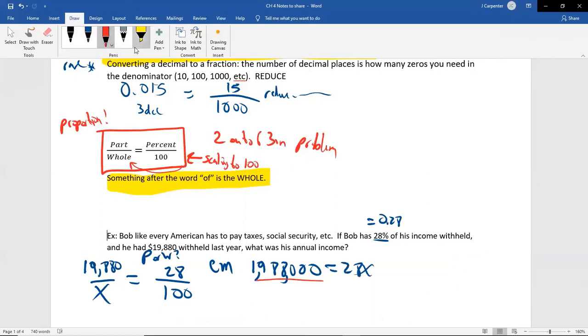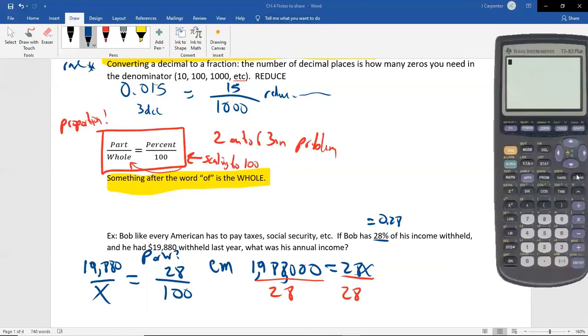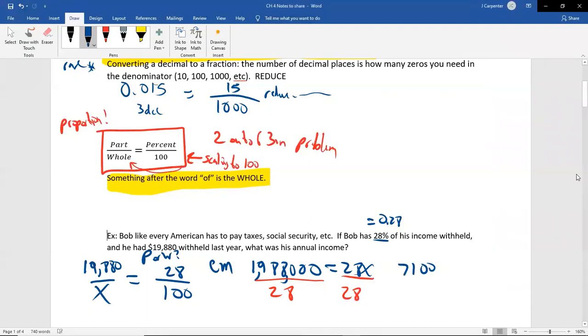To finish it, we divide both sides by 28, which will tell us that our answer is, drum roll, 1,988,000 divided by 28, and we get 71,000. So 71,000 is equal to our x.